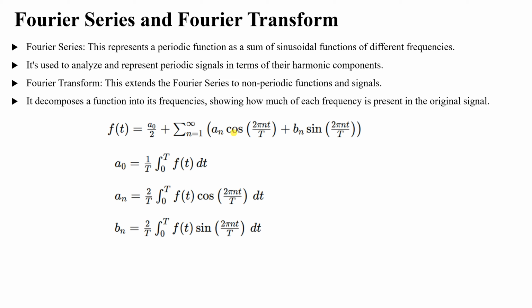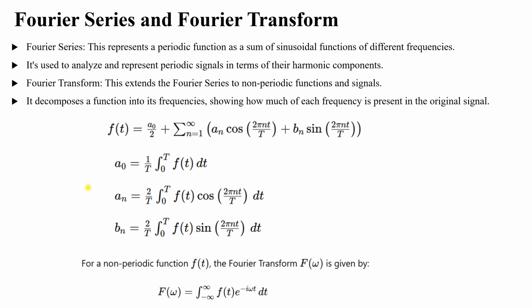Now you will ask me, why do we need Fourier transform? We now understand Fourier series converts any signal into sine, cosine, and DC component so that we can design a filter. Fourier transform is similar to it, but it can be used for non-periodic functions, which do not repeat over time.